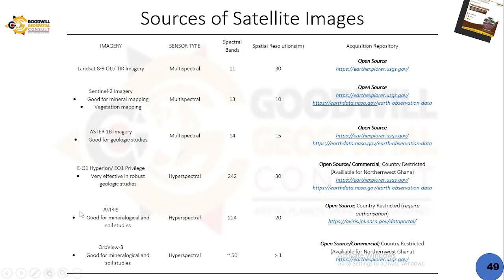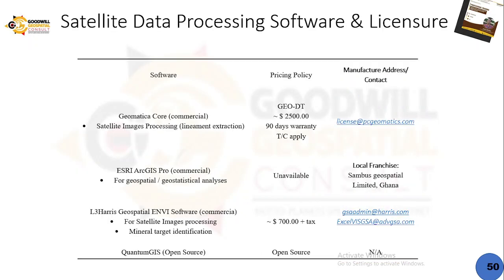We have the AVIRIS, good for mineralogical and soil studies, hyperspectral, it has 224 bands with spatial resolution of 20 meters. We have the WorldView-3, good for mineralogical and soil studies, hyperspectral, has an equivalent of 50 spectral bands and less than 1 meter spatial resolution.